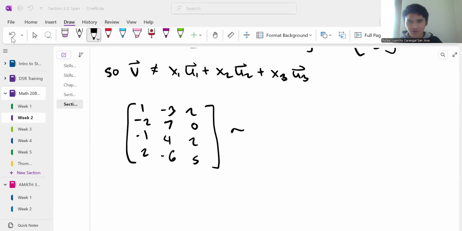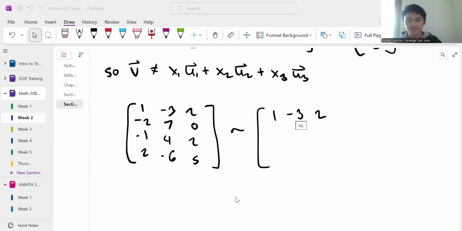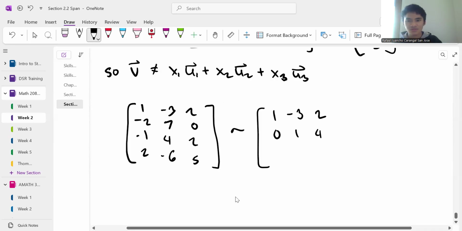Then when converting it to row echelon form, here's what happens. 1, -3. Okay, I'm copying the textbook here because I don't want to do this on my own. 0, 1, 4, 0, 0, 1, 0, 0, 0. So this is an echelon form because the pivots are all there.